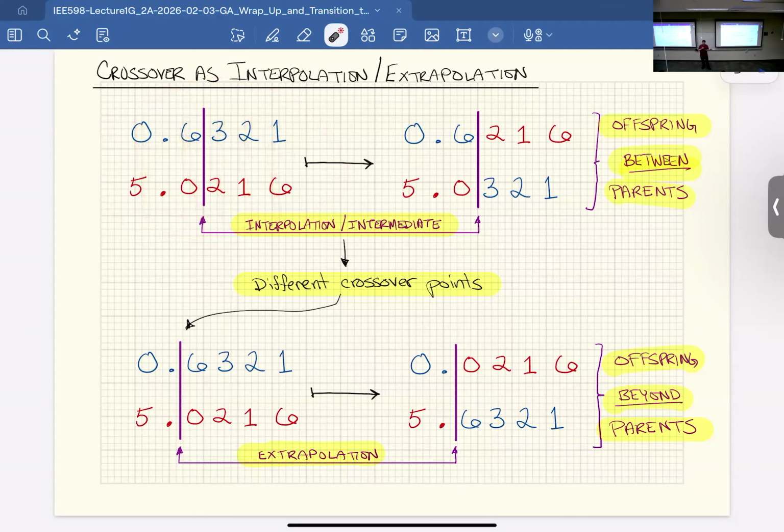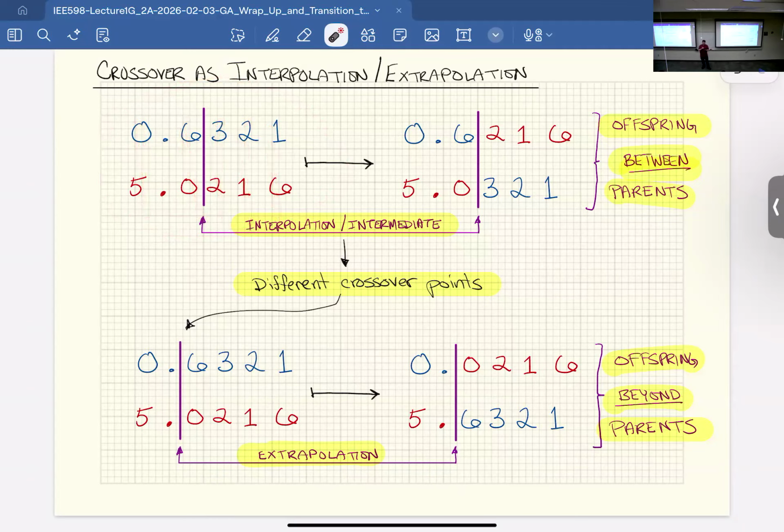It created intermediate solutions. But if I happen to choose this crossover point, if I swap these, then now I get offspring which are farther away from the two parents. So these parents went from 0.6 to 5, and now the offspring go from basically 0 to 5.6.